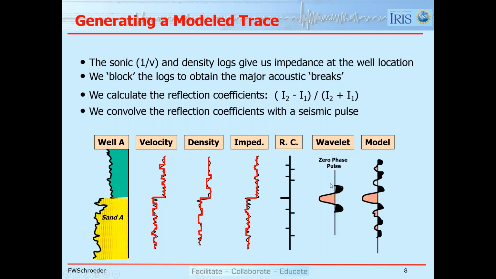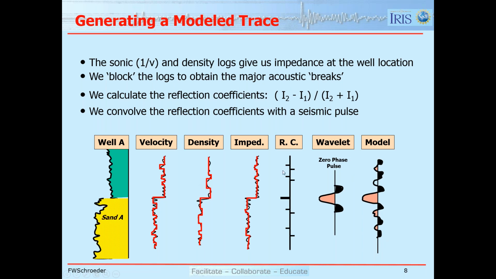If I know what the seismic pulse or wavelet is, or I can approximate that, this is a zero phase pulse that I'm going to assume is appropriate for my data set. I can use a mathematical operation called convolution to convolve this waveform with each one of the reflection coefficients, generate what each individual response would be, and then sum them up so that I get the modeled response that would include both constructive and destructive interference effects if the reflection coefficients are close together.